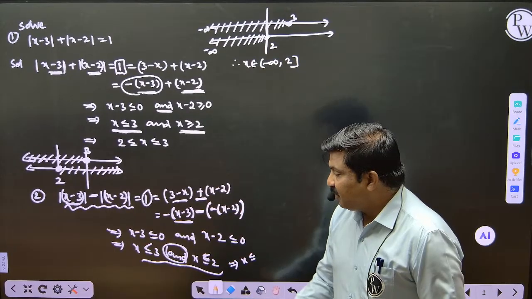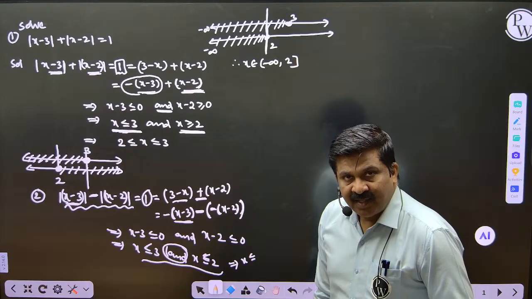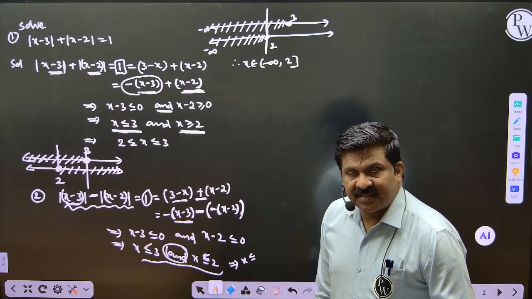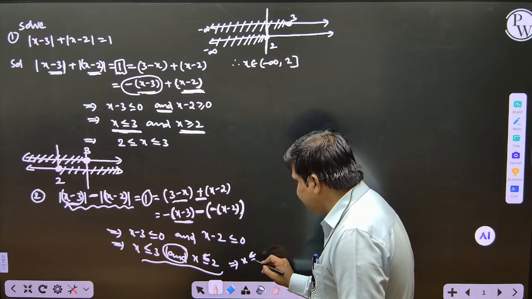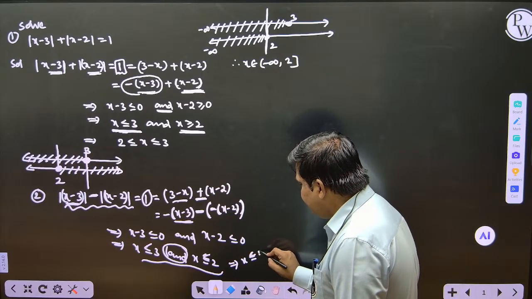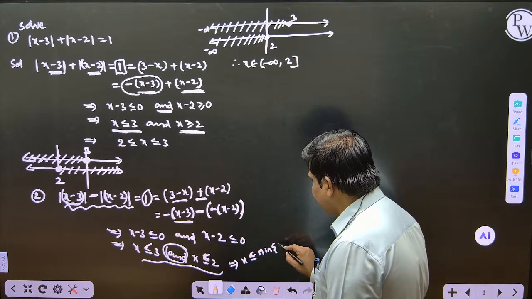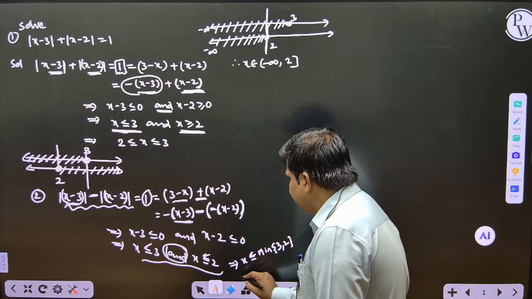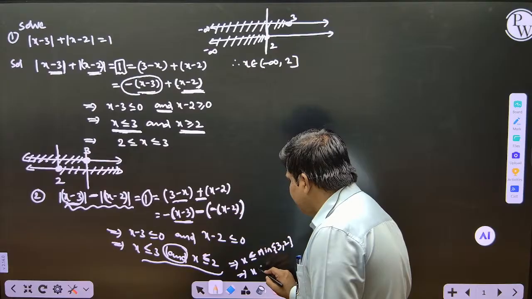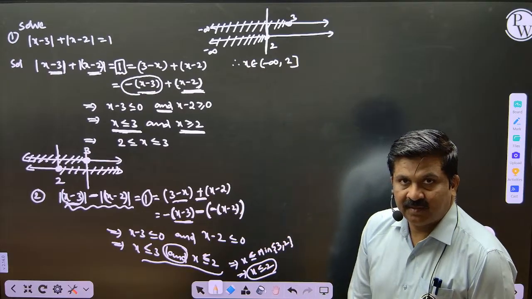So you take the common value also as less than or equal to type. Later you take the minimum of these two numbers. What is the minimum of 3 comma 2? 2. So that's why you got x less than or equal to 2.